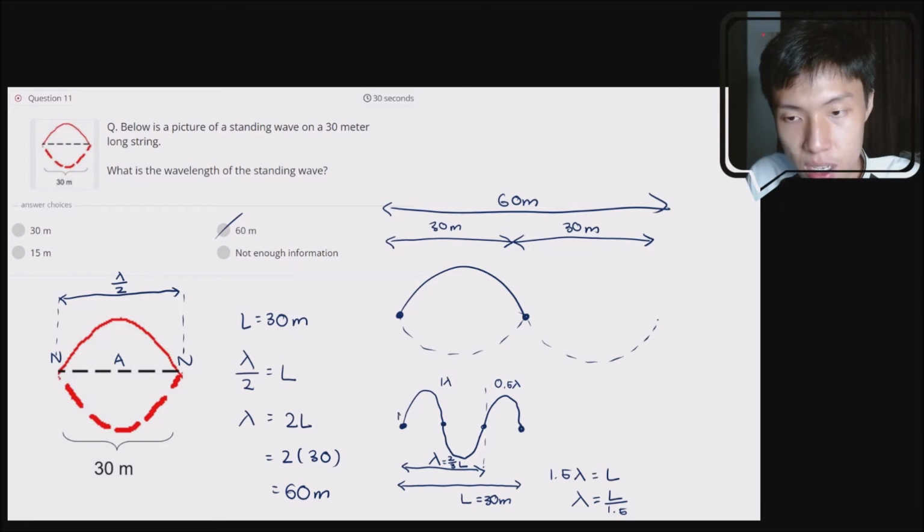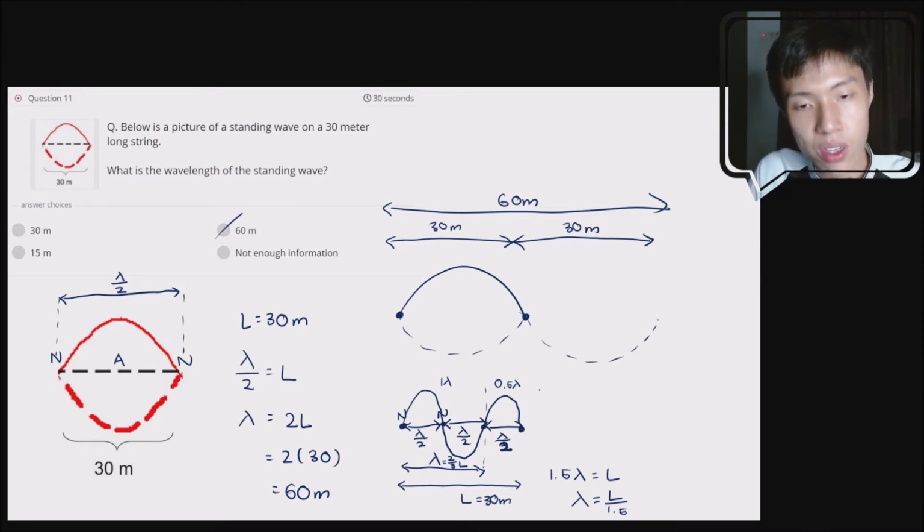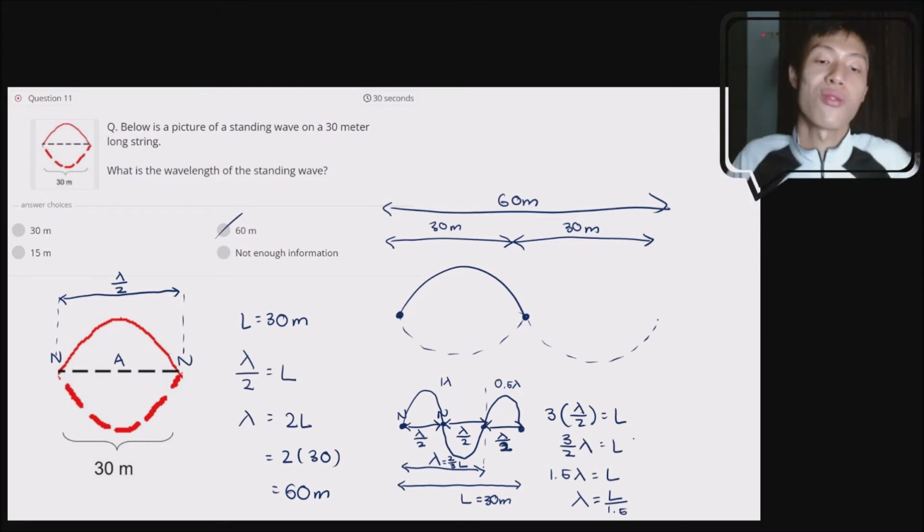There are 3 distances between the nodes, so there are 3 lambda over 2, equal to L. So 3 over 2 lambda equals L. That's also another way of doing it.